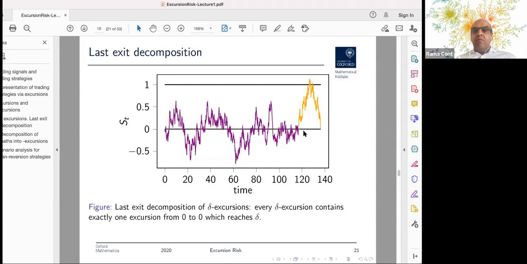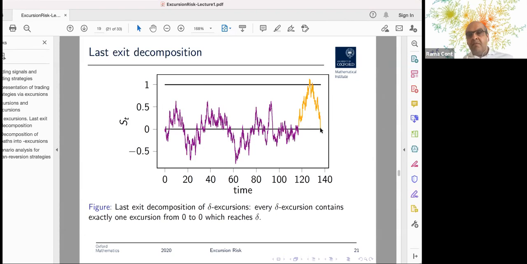And the last exit decomposition says the following: this path has a unique decomposition into a path G, which goes from 0 to 0, which never reaches 1. This is the violet part. And then followed by a path which reaches delta and goes back to 0 exactly once. This is the orange part. So graphically, it's very clear how you do this.